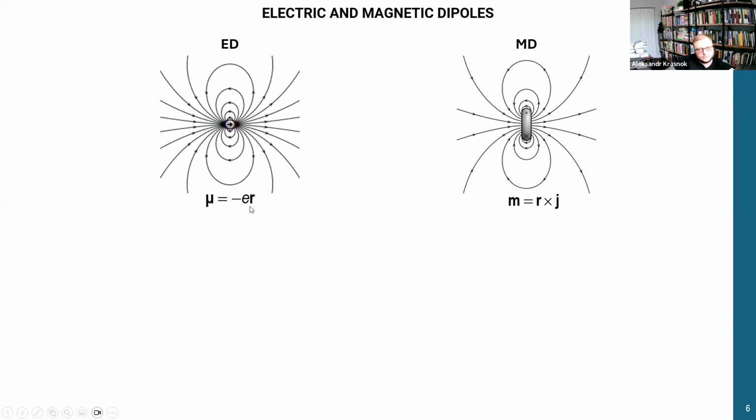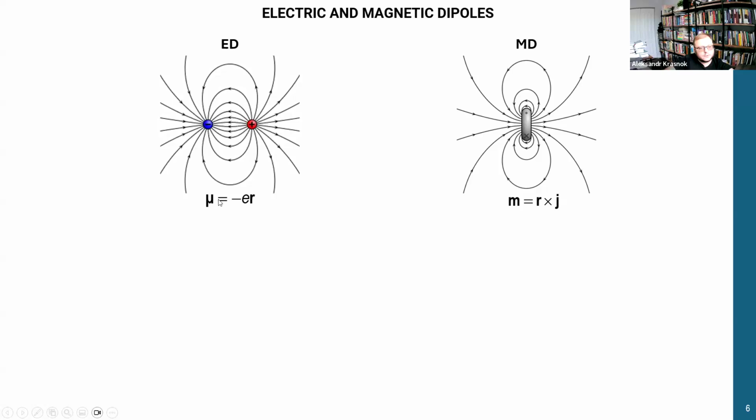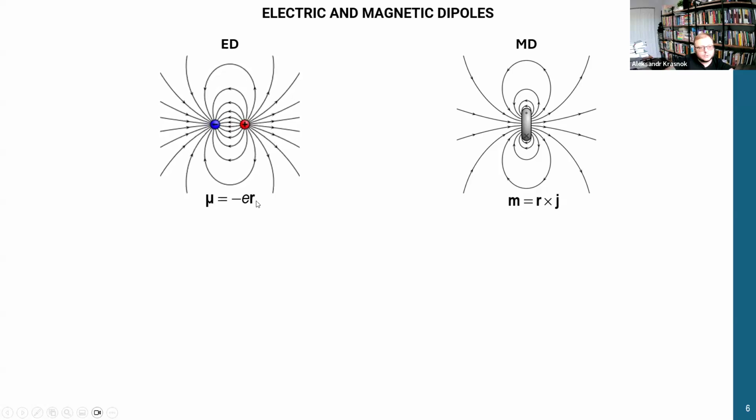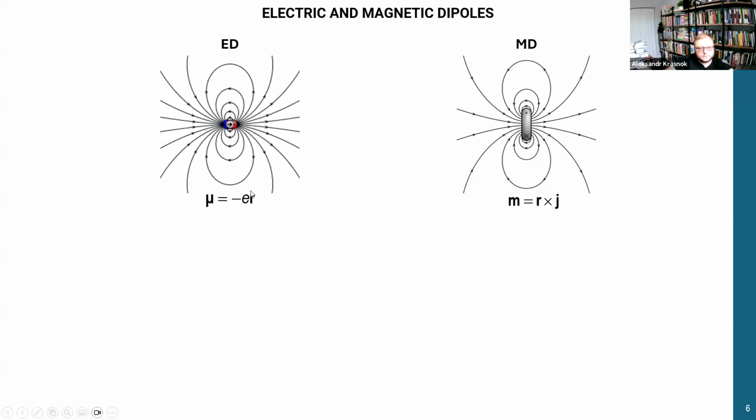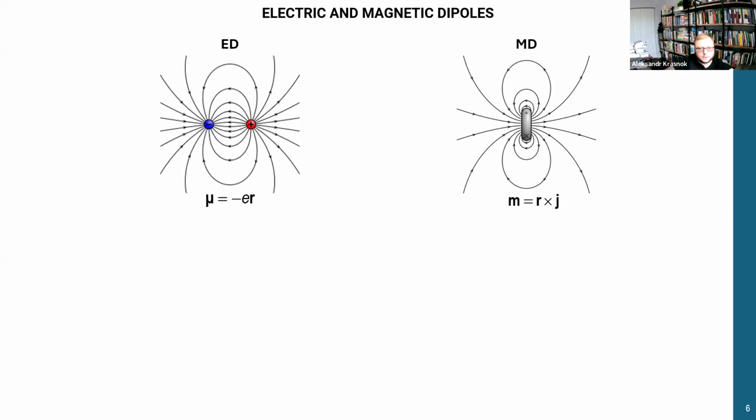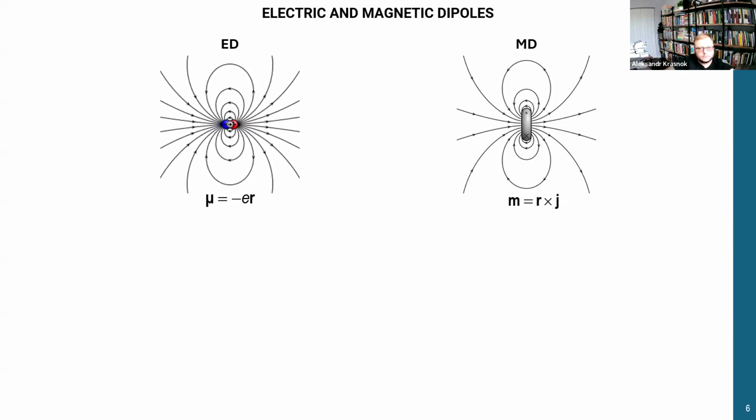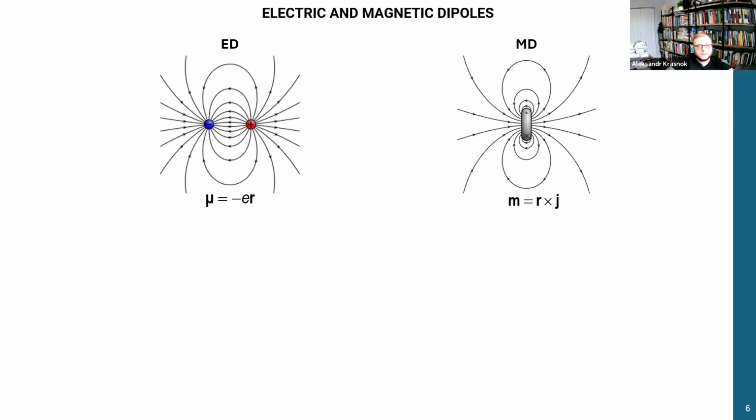An important point to notice here is that the configuration of this dipole moment is totally defined by R itself, and this R is an odd function. You know this concept of parity: a function can be either even or odd, or neither.